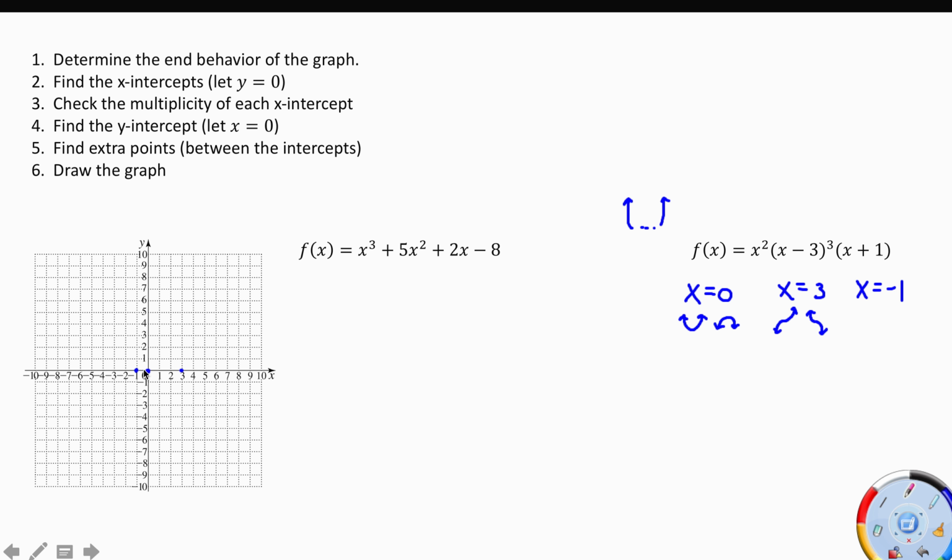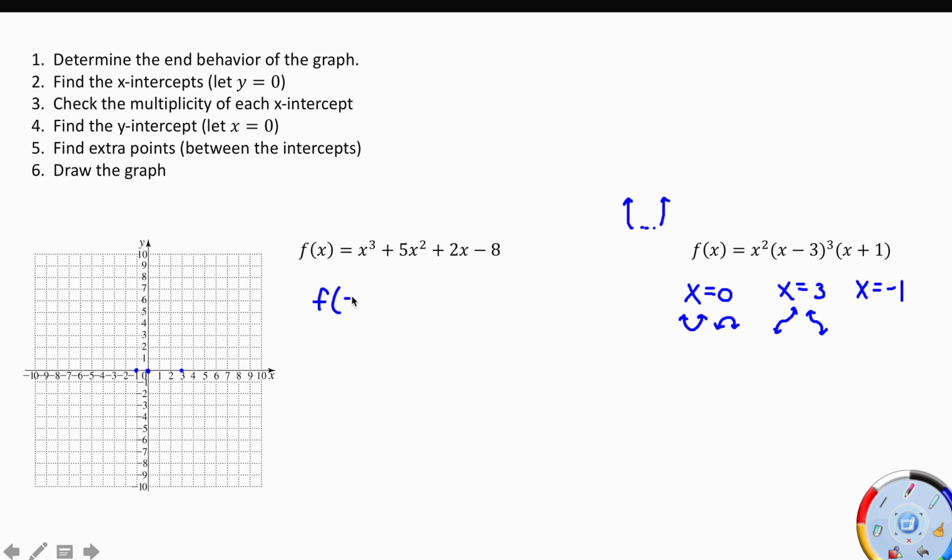All I need to do now is pick some points in between here so I will know how far down it goes, right? How far down it goes. So first of all, let's pick the point -1/2.